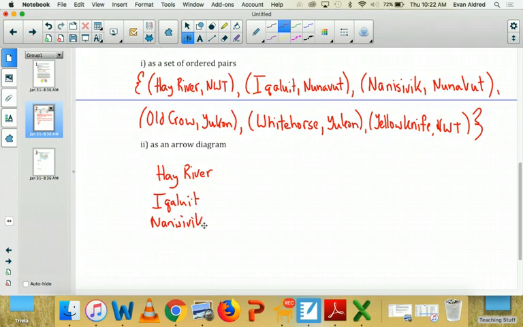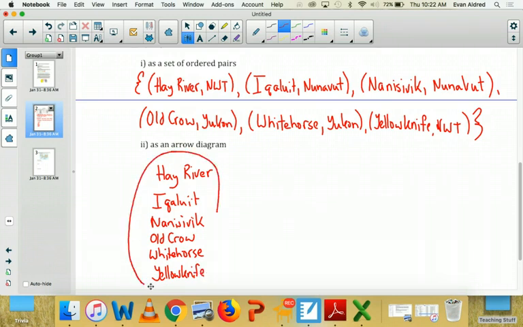So I'm just writing out everything that's in the left-hand column right now. Until I have all 6, which I now do. And since it's an arrow diagram, once that's done, we draw a big oval around it. There's our first set. That was the left-hand column of the table.